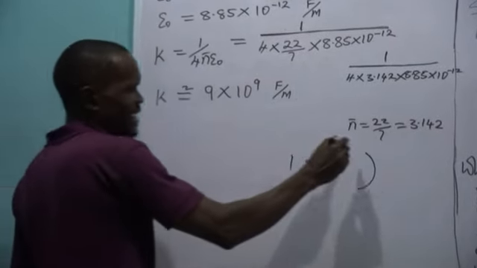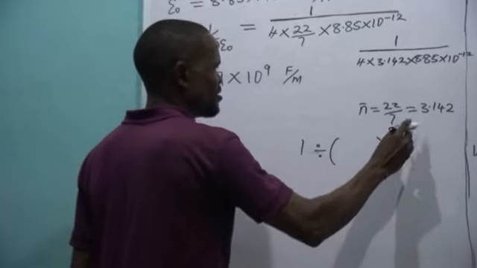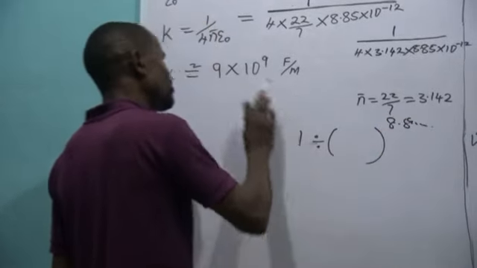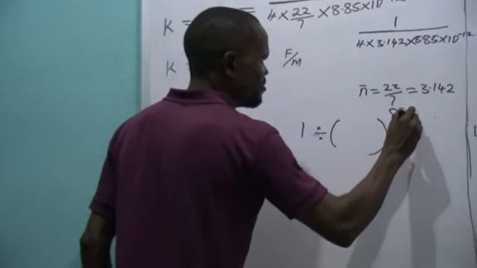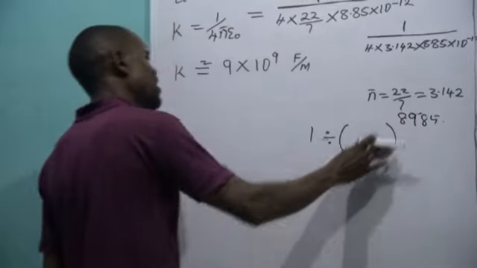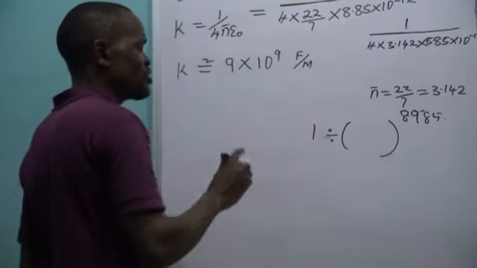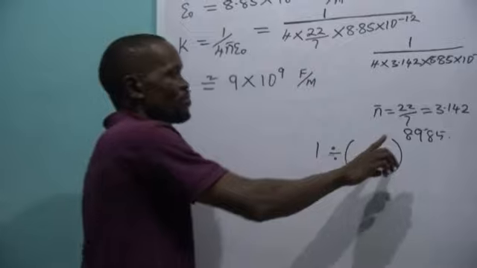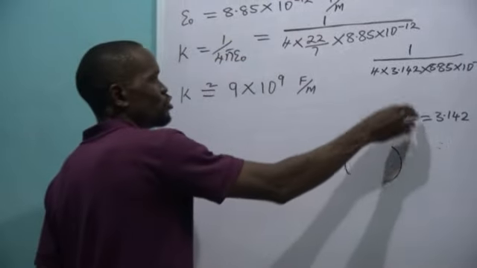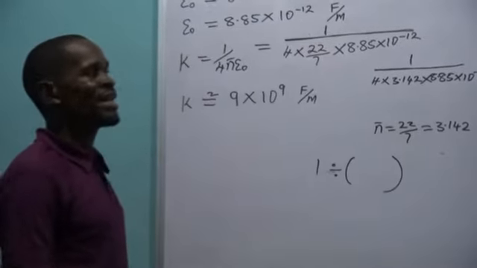It will give you 8.8 or 9 something, which you approximate, say 8.984 or whatever. You approximate it and make it standard form. So now we have learned how to use the calculator to get this.